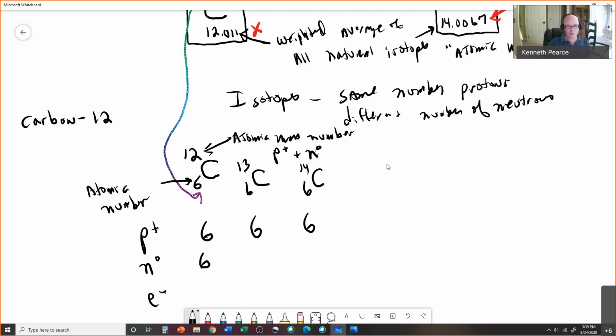And so if we subtract 6 from 13, we get 7 neutrons for carbon 13. If we subtract 6 from 14, we get 8 neutrons for carbon 14. And so we can always find the number of neutrons by subtracting the mass number minus the atomic number.